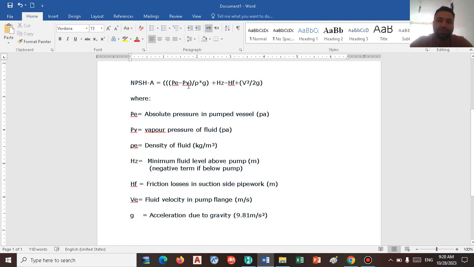These two terms are divided by the mass density, rho, and g is the acceleration due to gravity, which we all know.